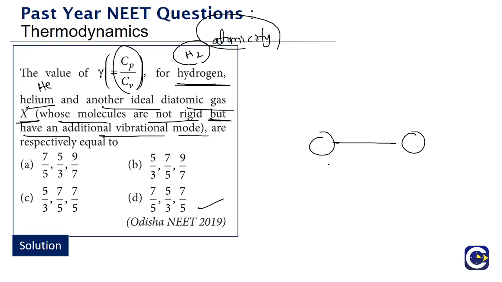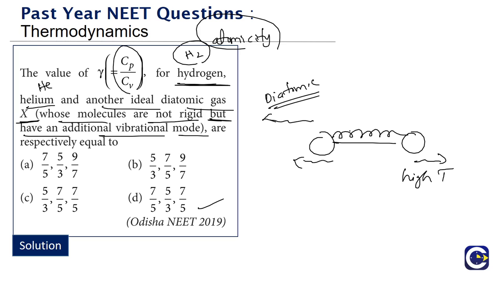But at high temperatures, the atoms in a diatomic molecule will start oscillating or vibrating with respect to their mean position. It can be assumed that we have a sort of spring between them. They will go far apart and then come closer. So there will be oscillations.